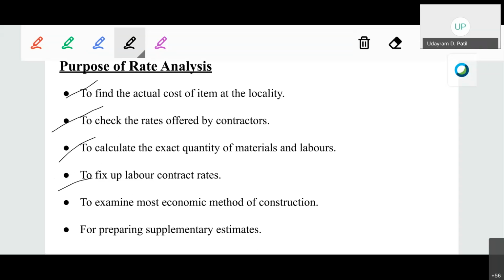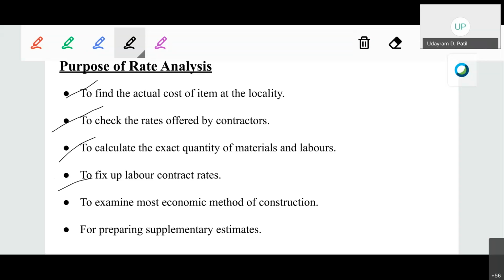Depending upon the various types of the contracts, one of which is the labor contract, in which we employ only the labors. All the materials will be provided by the department. In that case, we have to calculate the rate of that particular labor.